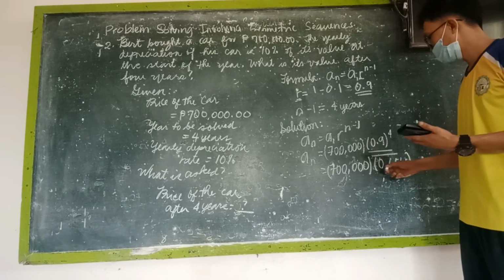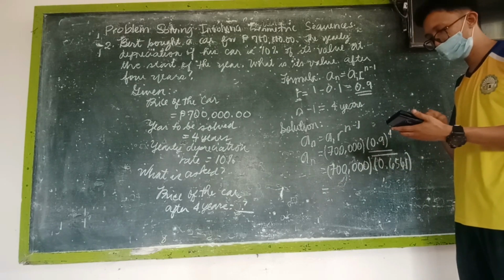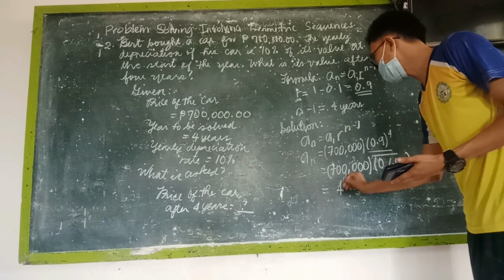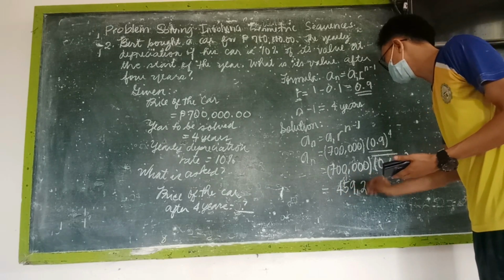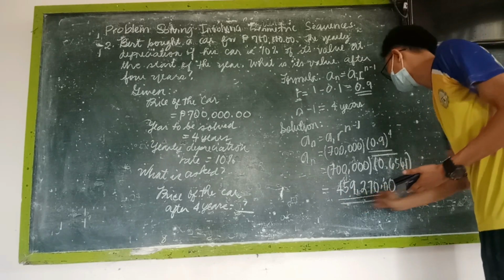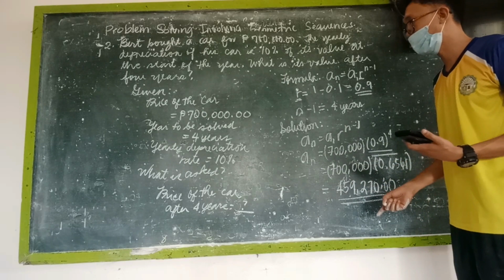So, ang 700,000, i-times na lang natin siya sa 0.6561. So, ang amount niya at the end of 4 years is 459,270 pesos na lamang. So, ito yung magiging value ng car after ng 4 years.